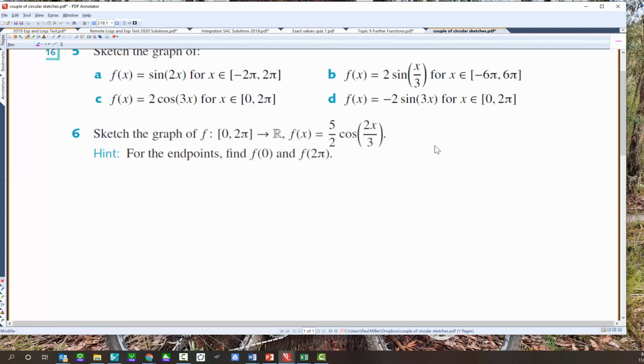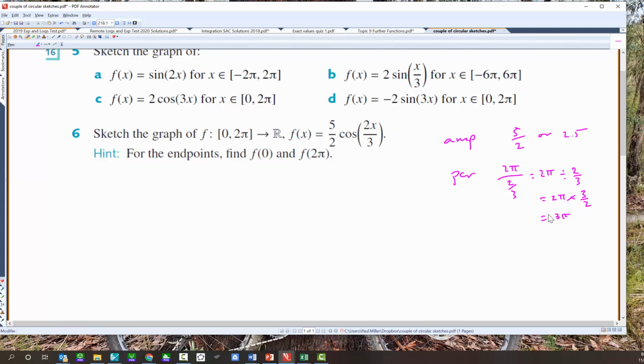I don't think we even need to do that, but anyway, we're going to note that the amplitude is 5 on 2, or 2.5, and our period, let's state the period for a standard cosine graph, which is 2 pi, and then we're going to divide it by n, which is 2 on 3. That's going to be equal to 2 pi divided by 2/3, which equals 2 pi times 3 on 2, which is 6 pi on 2, which is 3 pi.